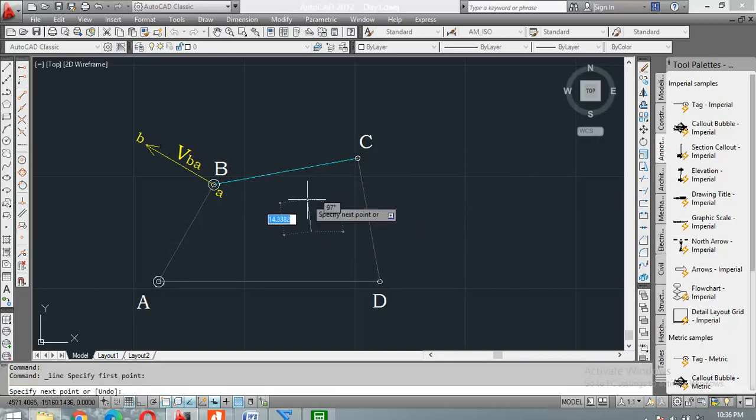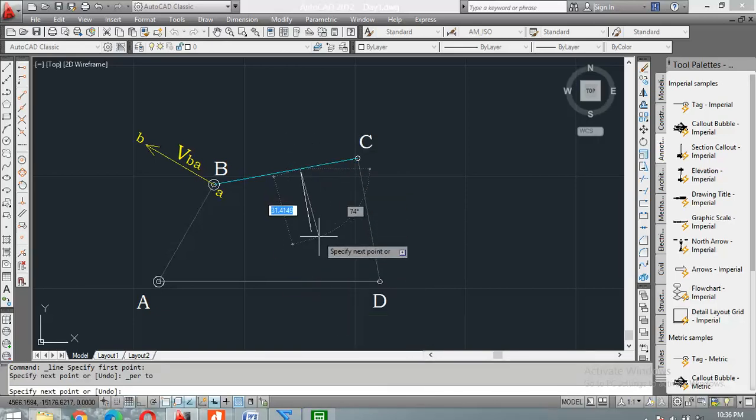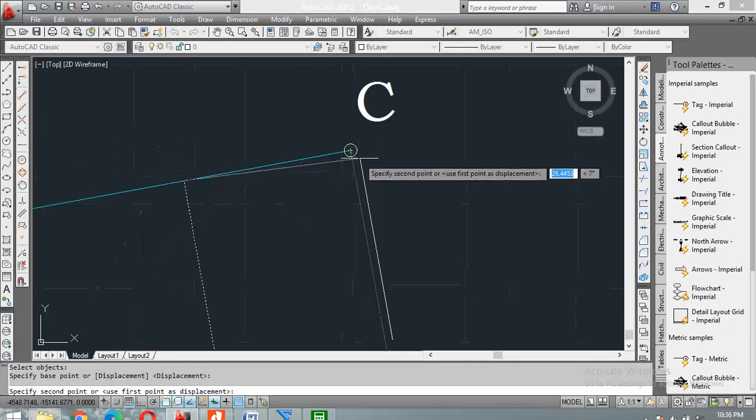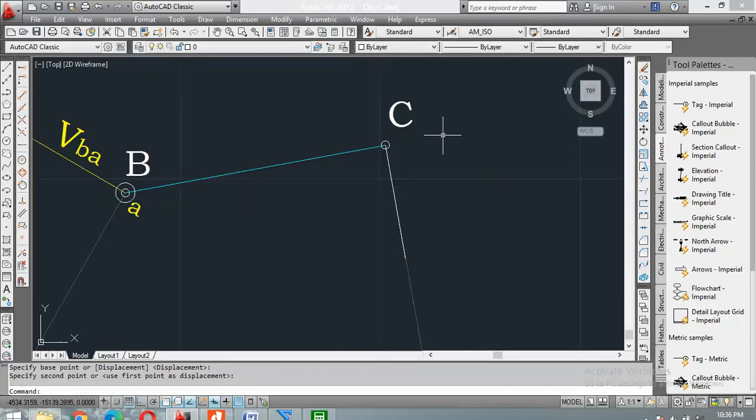So let us draw one line which is perpendicular to BC. Okay, and we want to mark velocity of point C, so we have to draw this vector from point C. Point C से ही ये vector draw करना है.